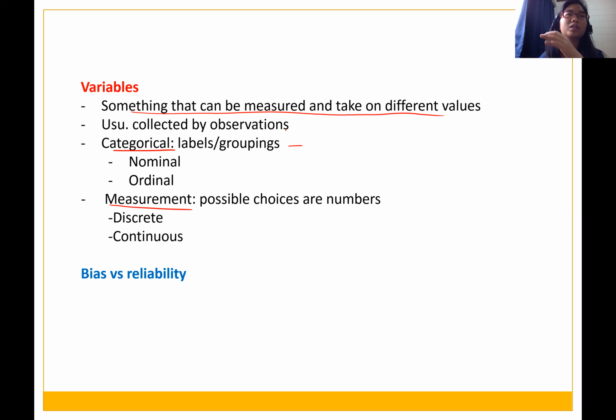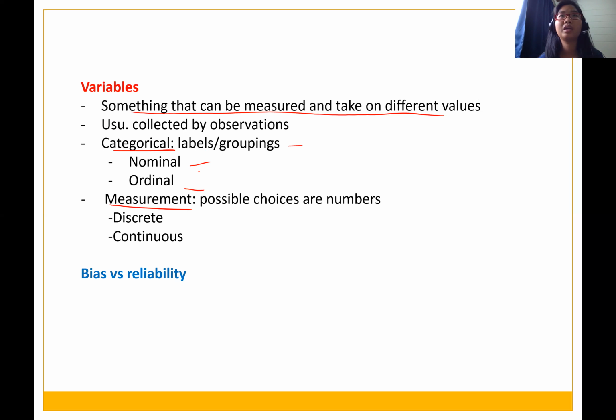Let me think of a hard one. Say if you have high quality cars and low quality cars, that actually means an order. So depending on how they phrase your variable and the way that they put it in words, we can decide if it's a nominal or ordinal variable.